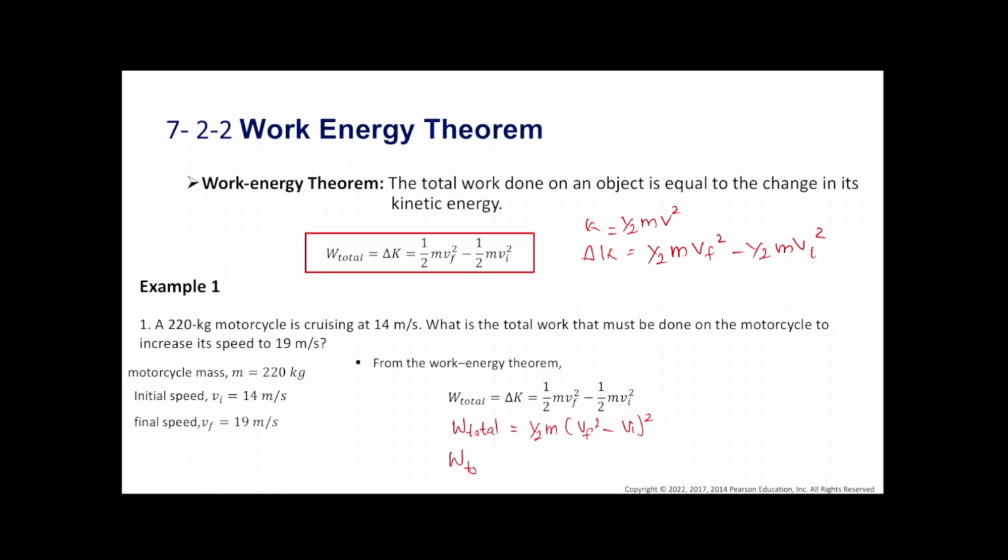Therefore, W total is equal to half, mass is 220 kilograms, V final is 19 meters per second squared, and V initial is 14 meters per second squared. So the answer would be 18,000, and the units should be in joules.